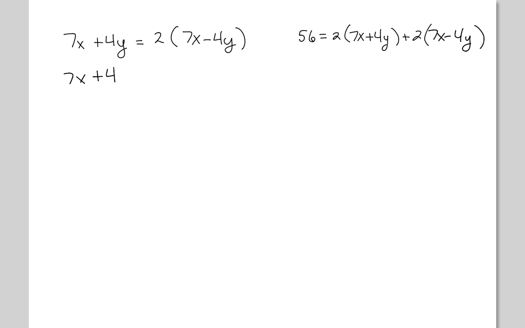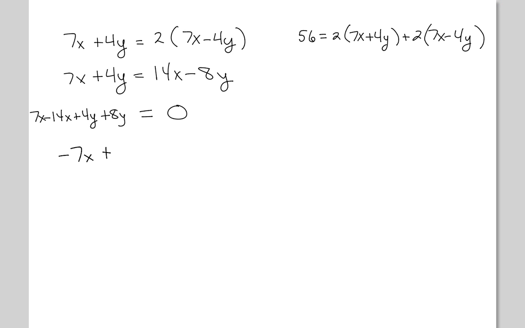So let's simplify this left one. Got a 14x minus 8y. Dump everything to one side so that you just have 0 on the right. So you'd have 7x minus 14x, 4y plus 8y. You end up with minus 7x plus 12y.